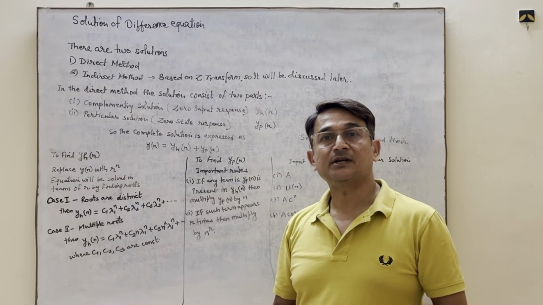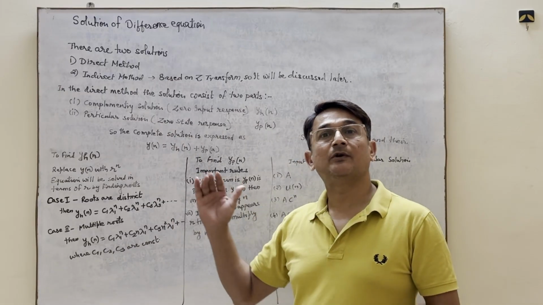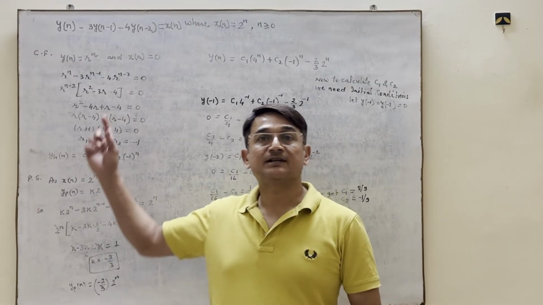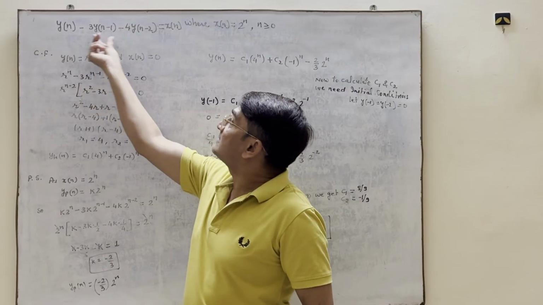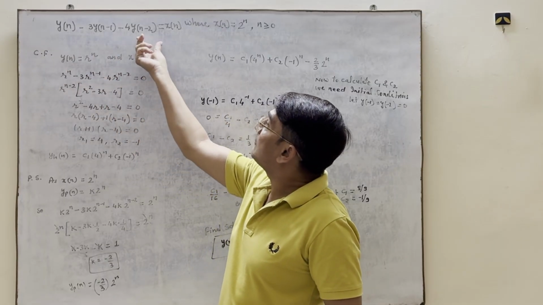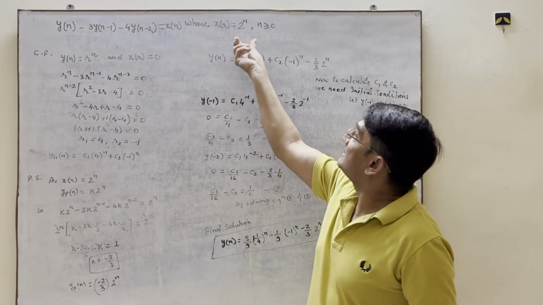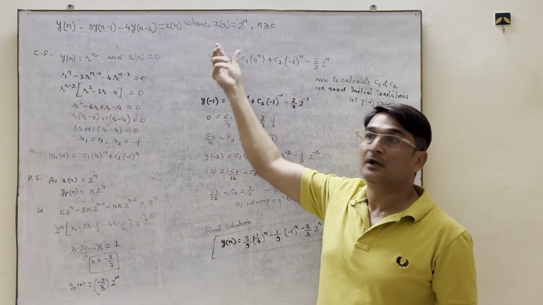Now we will take a question and solve it with all the aspects, then you will be able to understand the concept easily. Let us consider this example. The question is y(n) minus 3y(n minus 1) minus 4y(n minus 2) equals x(n), where x(n) equals 2 raised to the power n for n greater than or equal to 0.